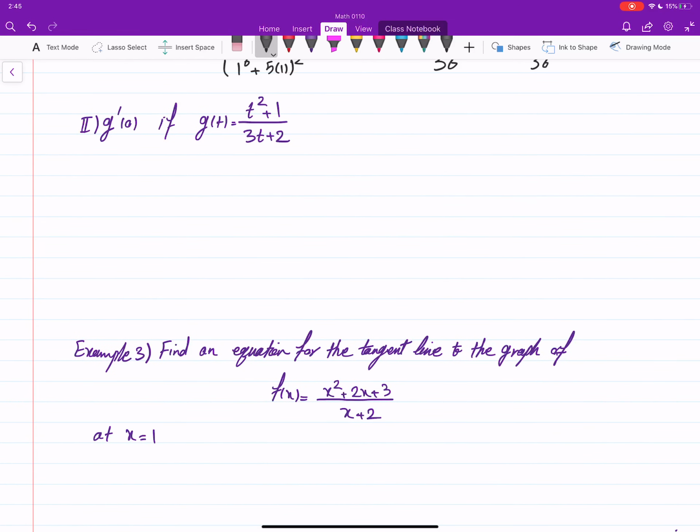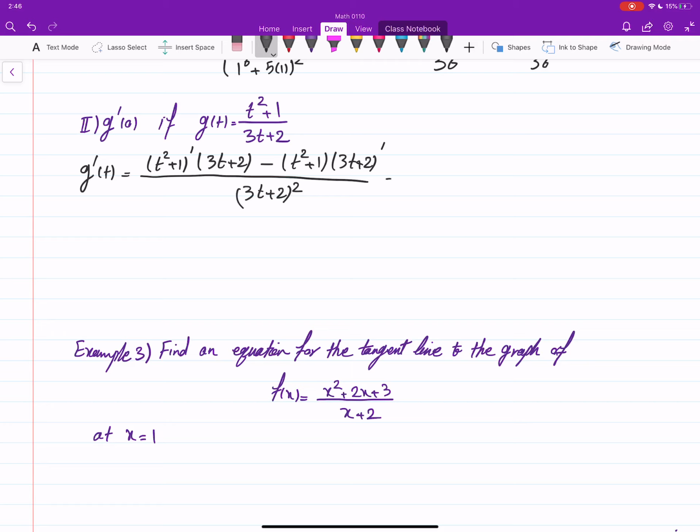How about this one? Again, you have to differentiate first. While differentiating, use the quotient rule: the derivative of the numerator times the denominator, minus the numerator itself times the derivative of the denominator, over the denominator squared.